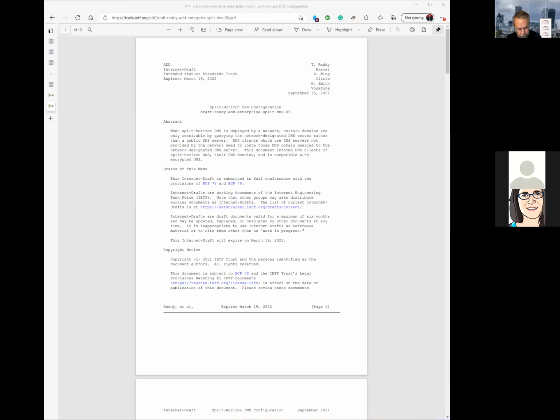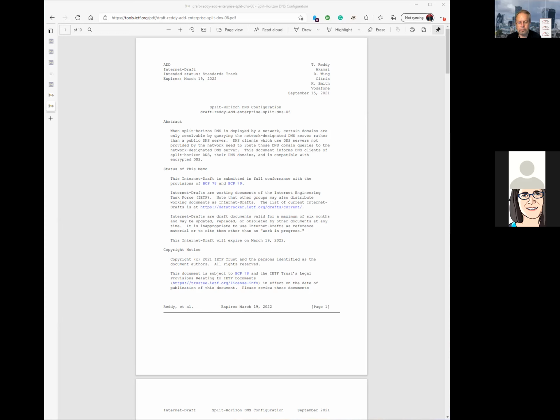How do you get that working, right? So in those cases, this draft especially addresses that problem, that the endpoint would learn what those private domain names are and what those domain names are for which the network claims authority and is giving different responses just because you're attached to the network. So for those cases, the next challenge was to address how does the client verify that the network is not lying.